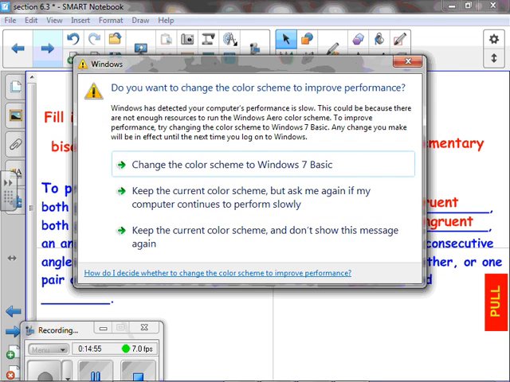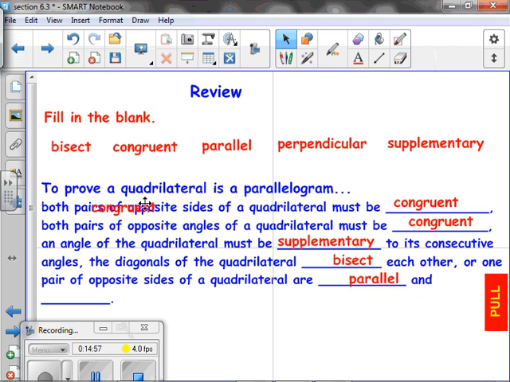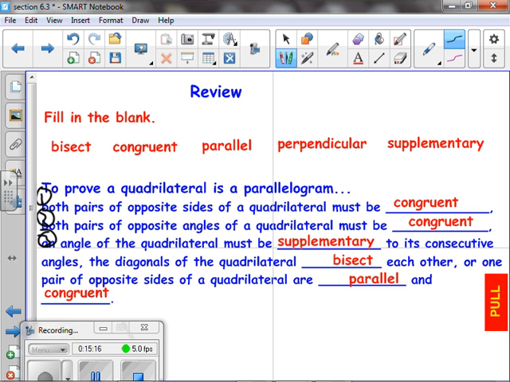Any of these statements here, and I will number them so we can see them. Both pairs of opposite sides are congruent, or both pairs of opposite angles are congruent, or an angle is supplementary to its consecutive angles, that's 3, or the diagonals bisect each other, or one pair of opposite sides of a quadrilateral are parallel and congruent.